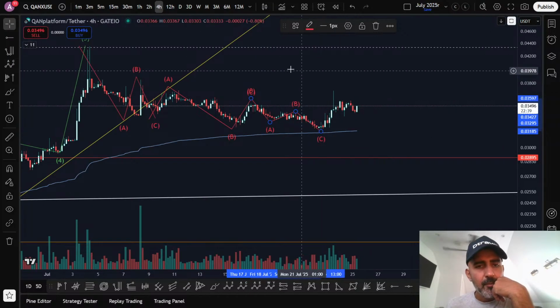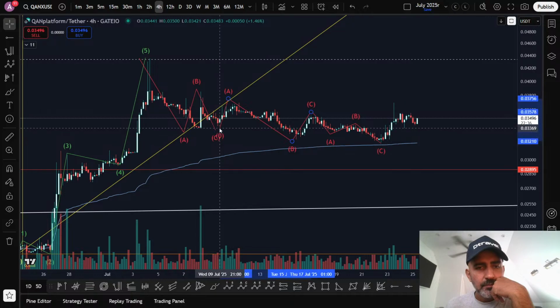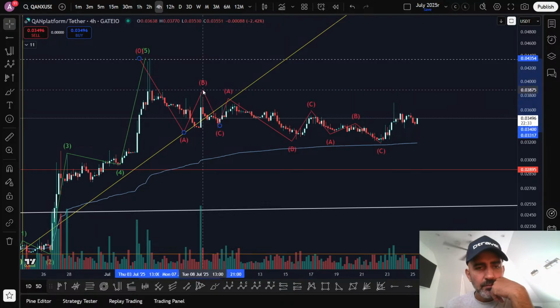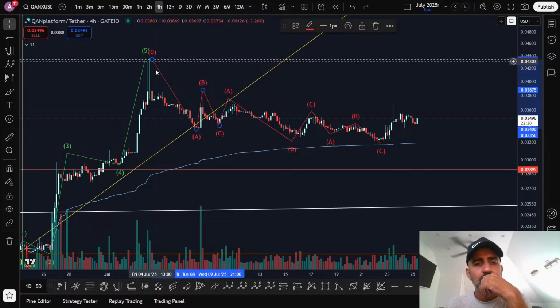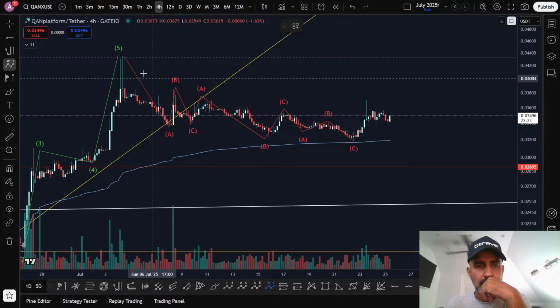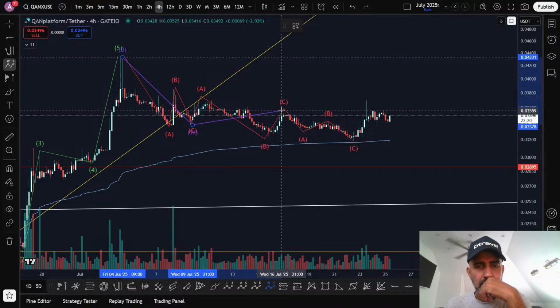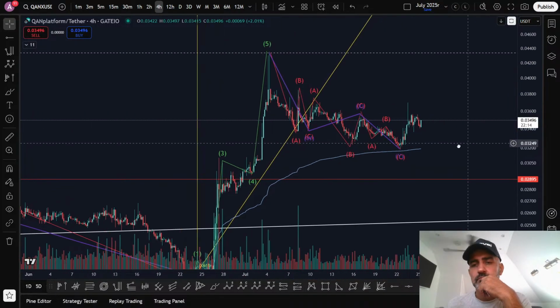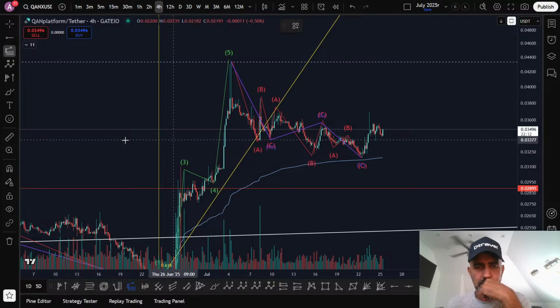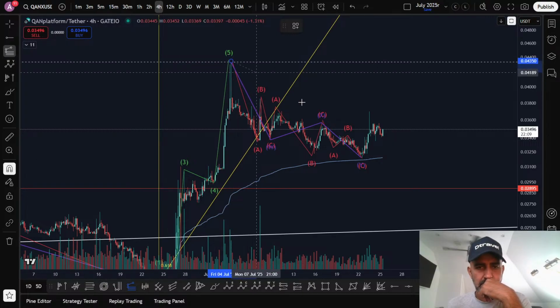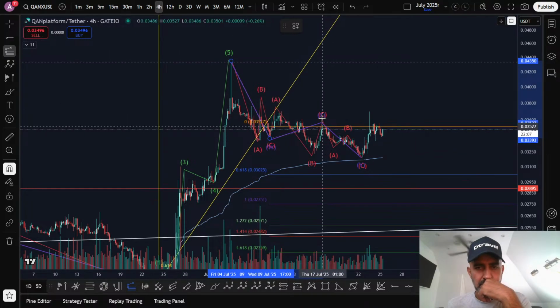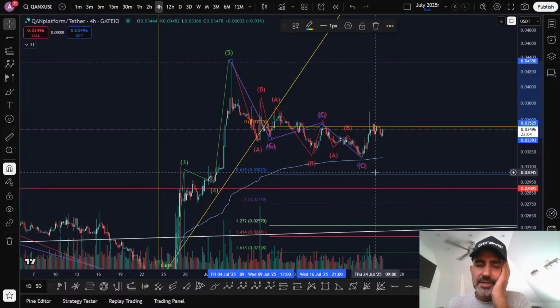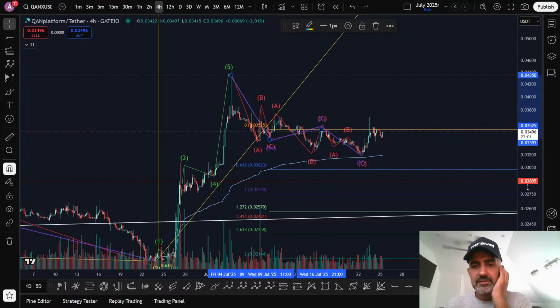See what that looks like. Didn't come down to the 618. Held above this anchored VWAP.